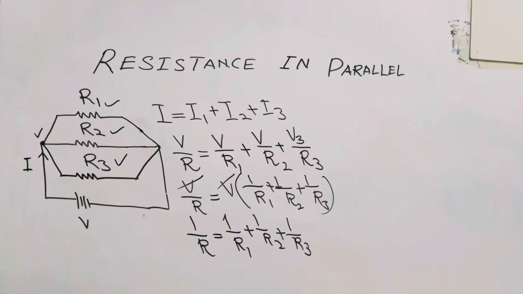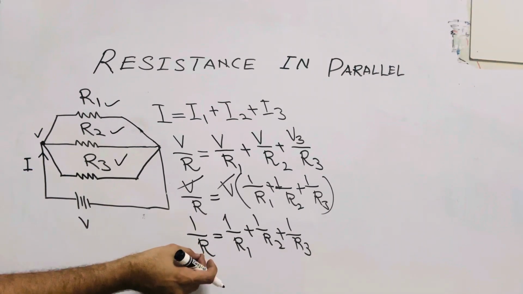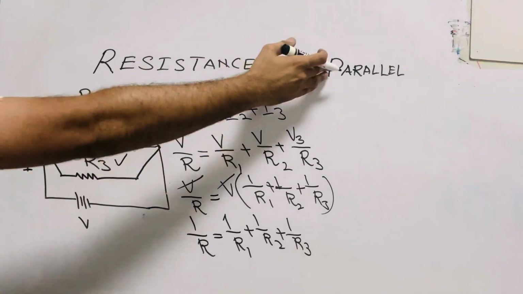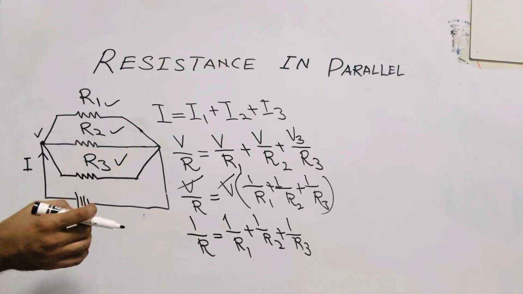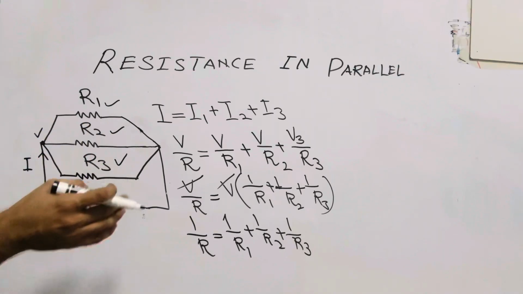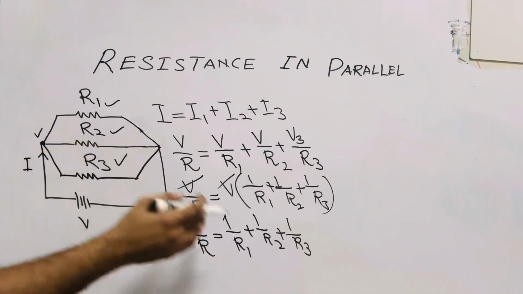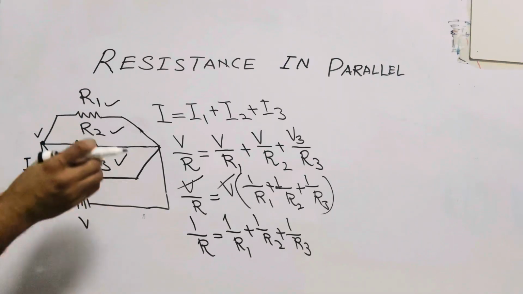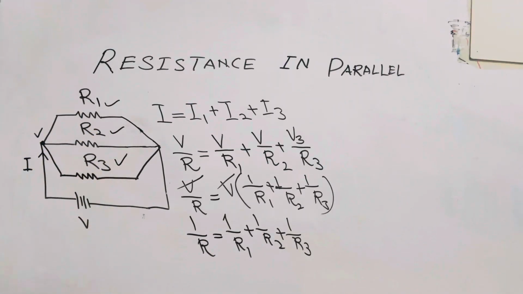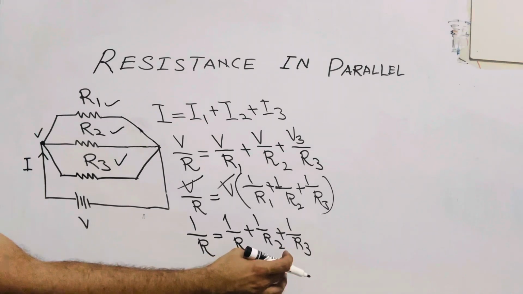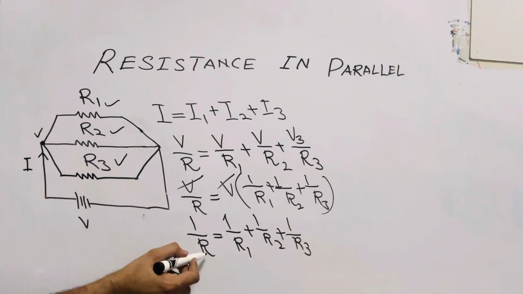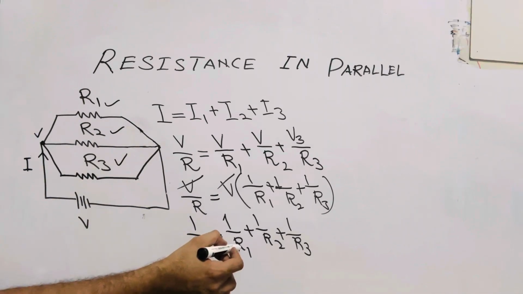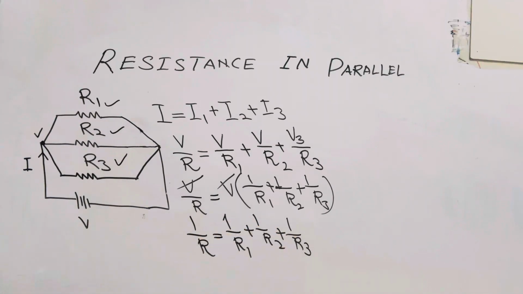So we can conclude here that the equivalent resistance of a circuit where resistors are connected in parallel would be a lesser value compared to any single resistor already there, like R1, R2 and R3. So if we are going for this type of summation, then the equivalent resistance would be less than the individual R1, R2 and R3 values.